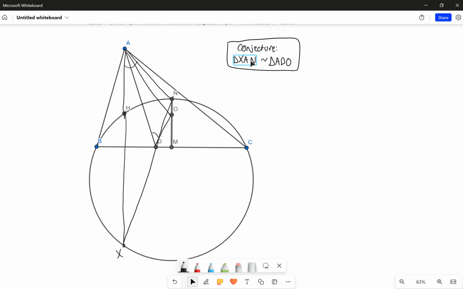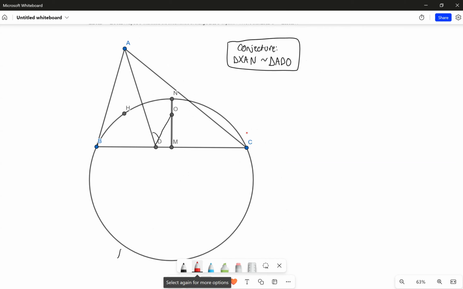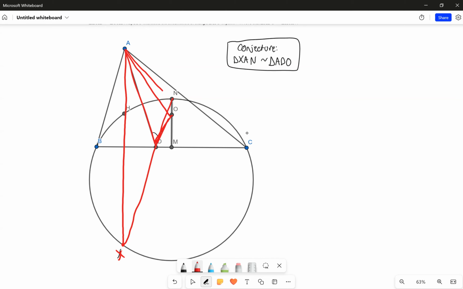So this conjecture would single-handedly solve the problem. So let me go ahead and outline the similar triangles in red. So ADO, and then X, this is X here, and then XAN. So those are the two triangles we want to prove are similar.